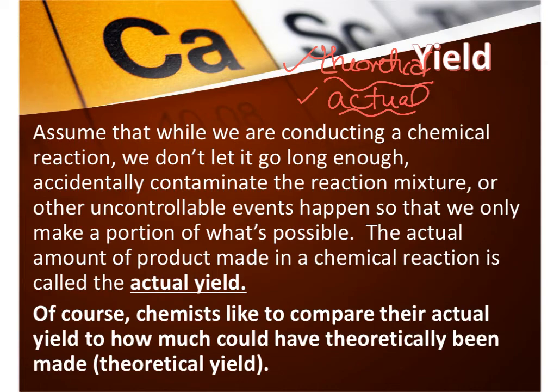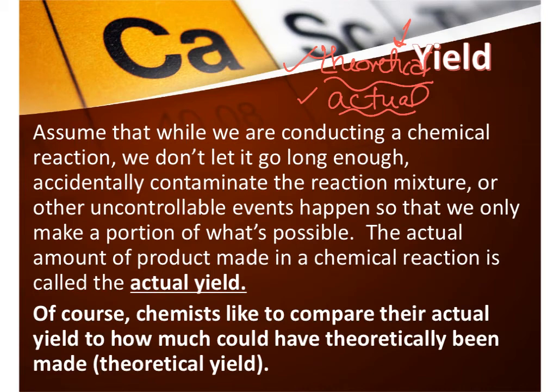Theoretical yield is if everything was perfect and 100% of the reactant converted. That never happens, okay? You're usually lucky as a chemist when you get at least 70% yield. So the actual yield is going to depend on the conditions of the reaction, equilibrium, all sorts of things.